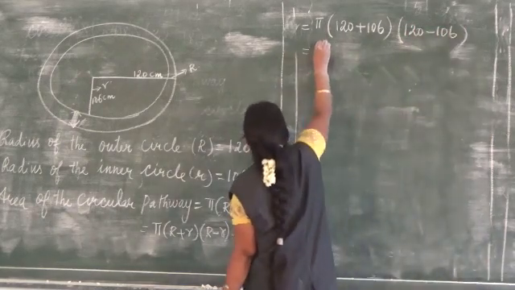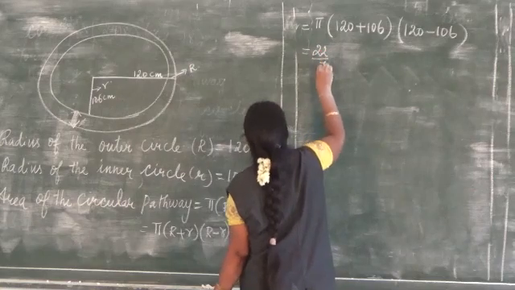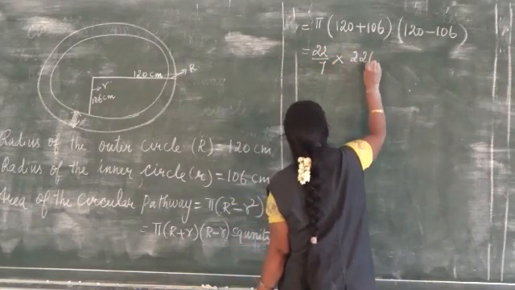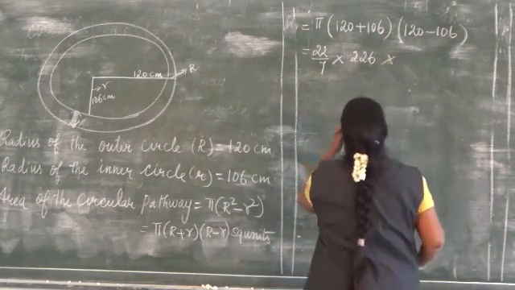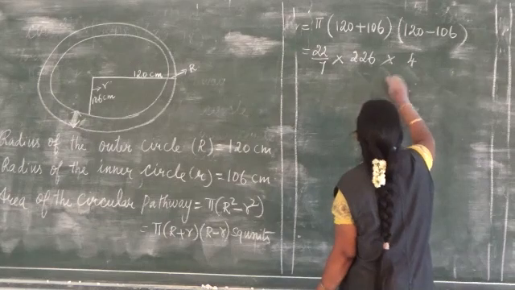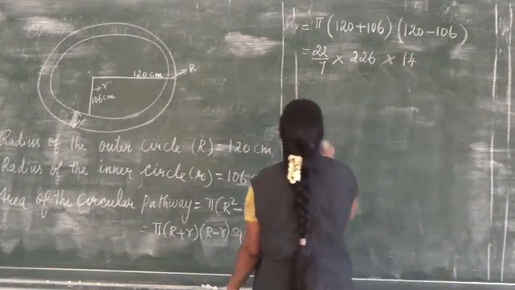So the value of pi is 22 by 7 into 226 into 14.